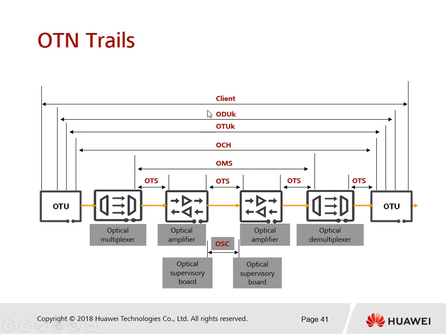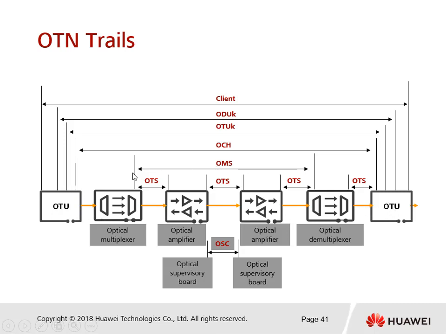So you'll find for the OPUK or the ODUK, it's from the OTU to the far end OTU, or from the tributary to the far end tributary board. And for the OTUK, it's from the OTU board or from the line unit board to the far end OTU board or the line unit board. And for the OCH, also it's from the OTU board to the far end OTU board.